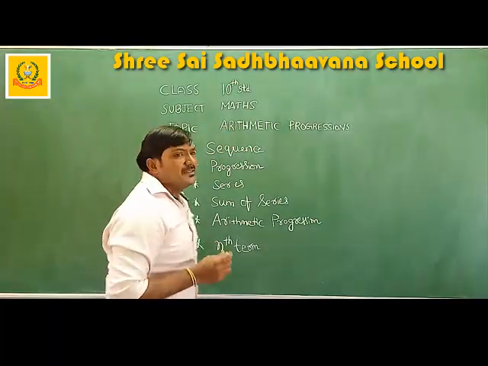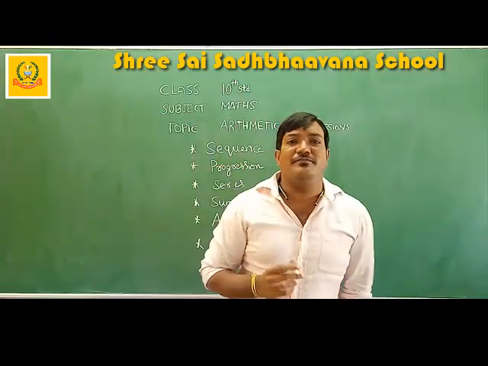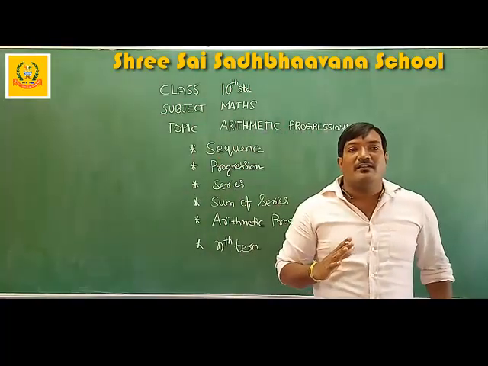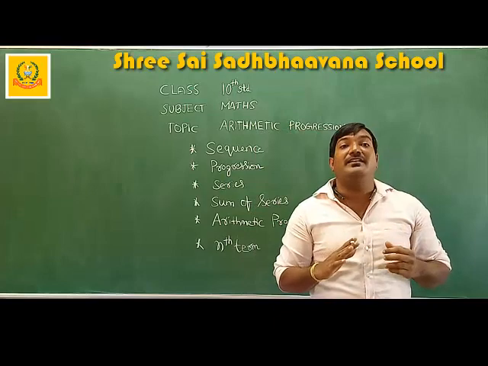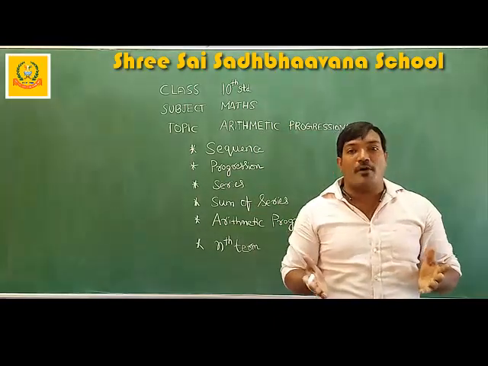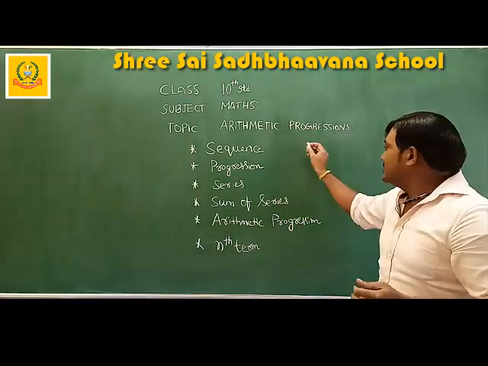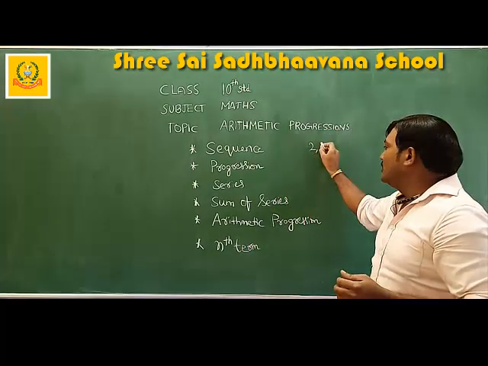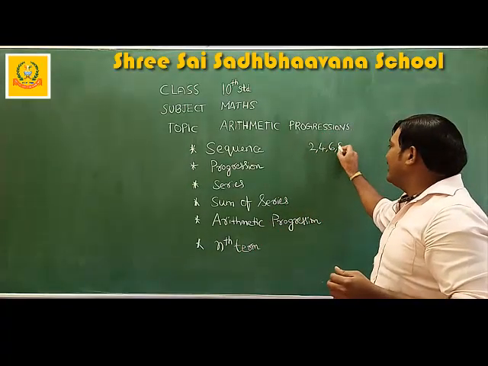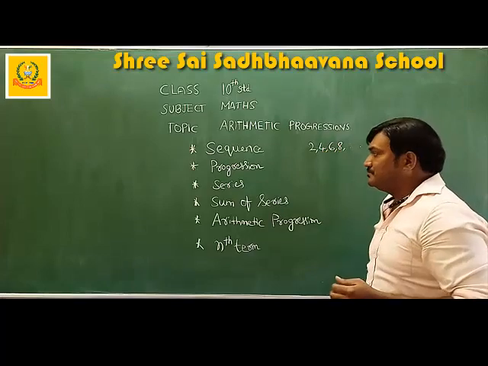A sequence is nothing but numbers which are in a particular pattern, with a mathematical rule or a formula. For example, I'll just take an example: 2, 4, 6, 8, and so on.